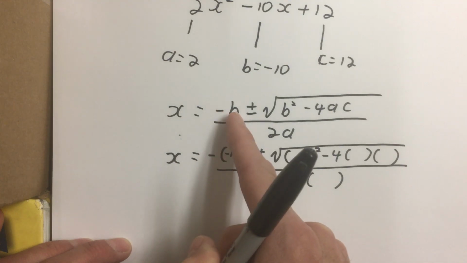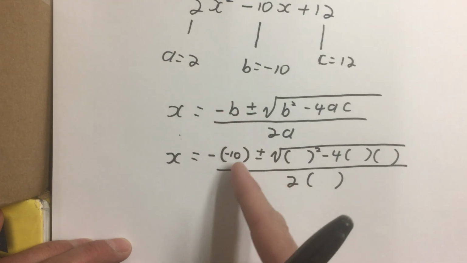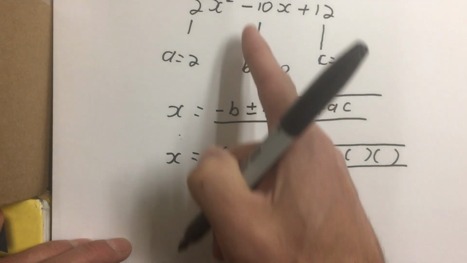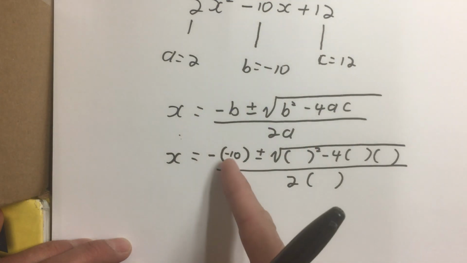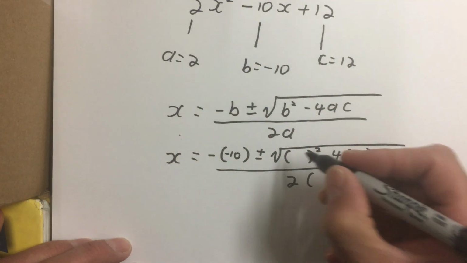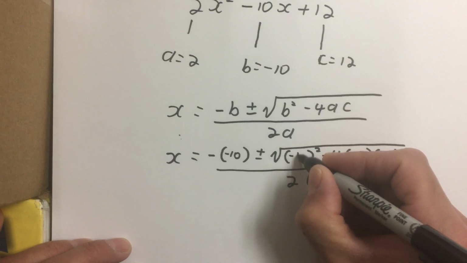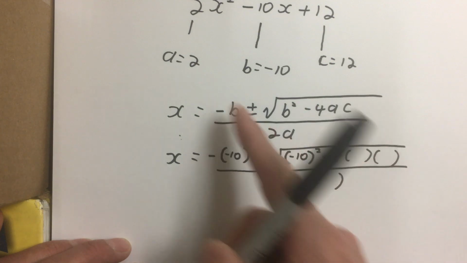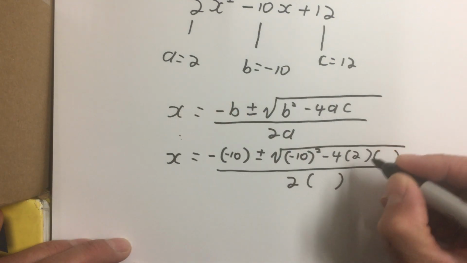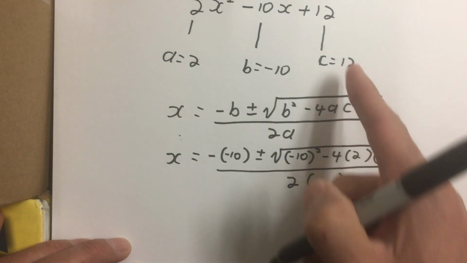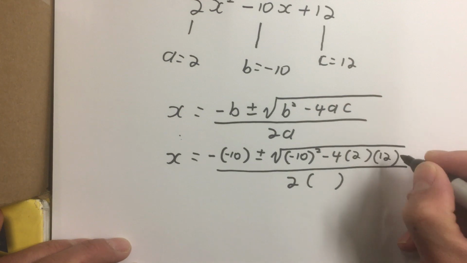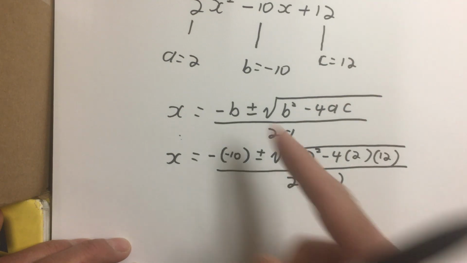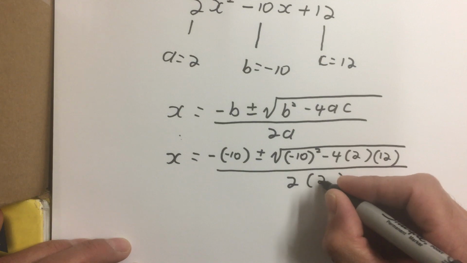There's always a negative in front of that first B. And if B itself happens to be negative, we put a negative in there. So we got 2 of them. Again, B is negative 10. Minus 4 times A. A is 2. And C is 12. All over 2A, again, where A is 2.